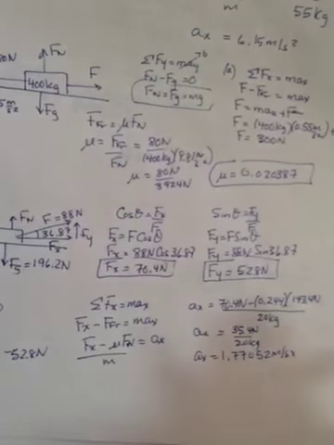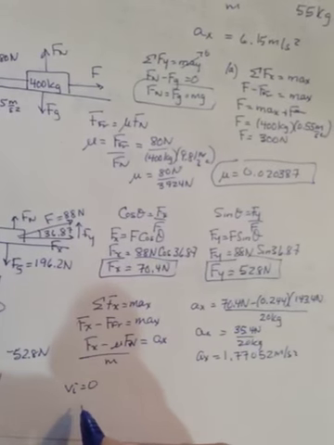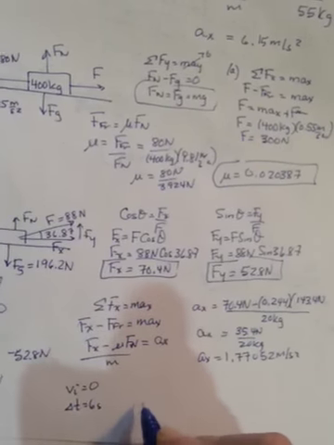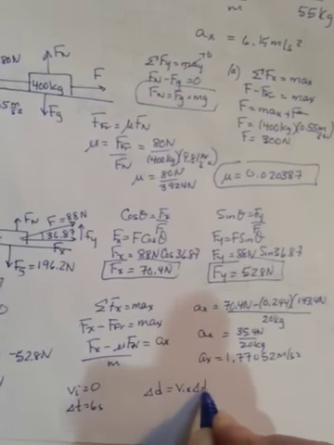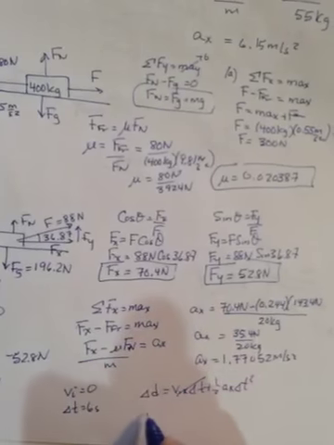And the second part of the question says, if it starts at rest, Vi is 0, how far will it have moved in 6 seconds? Delta t is 6 seconds. You have your a, so delta d is equal to Vi delta t plus 1/2 a delta t squared. This goes to 0.